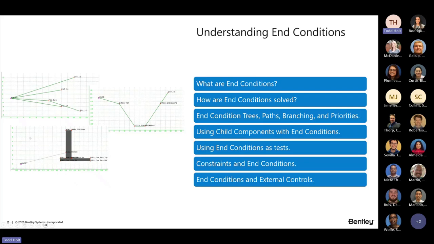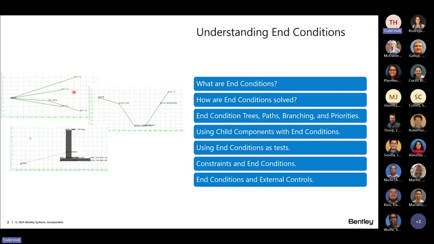So let me see if I can get a pointer on here. Right, and when we're talking about our end condition trees, paths, and the branching, we're talking about the branching from, say, this hinge point, because we might have different solutions that we want to have solve, and that's going to be the different branches.